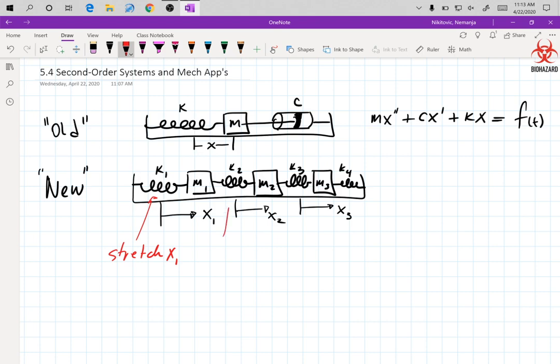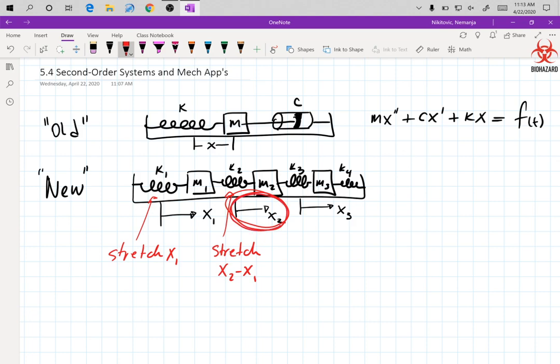But this spring here has a stretch given as x2 minus x1 in distance, because this is the stretch of the second spring.